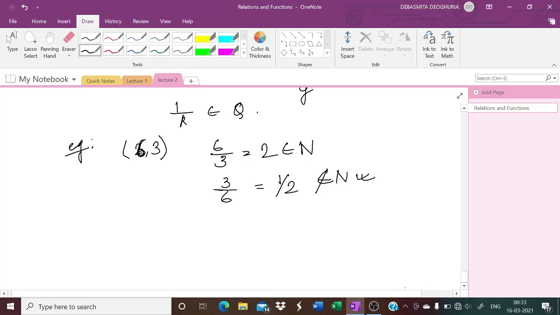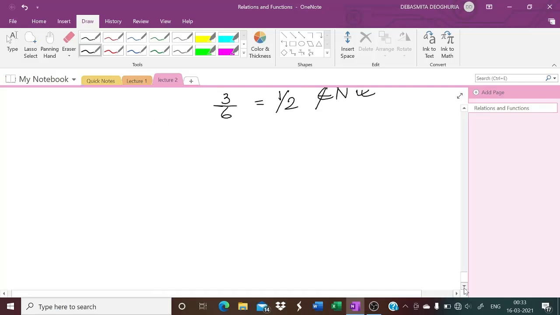Next, I will check for transitive. Number 3, transitive. So now suppose x divided by y.